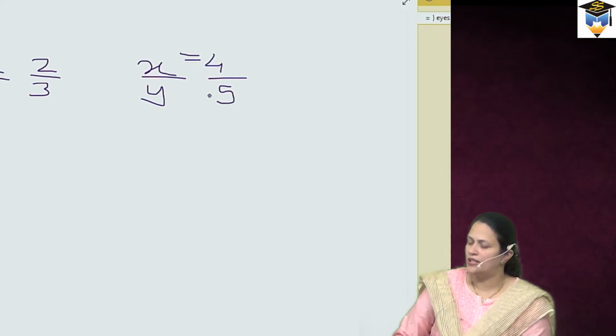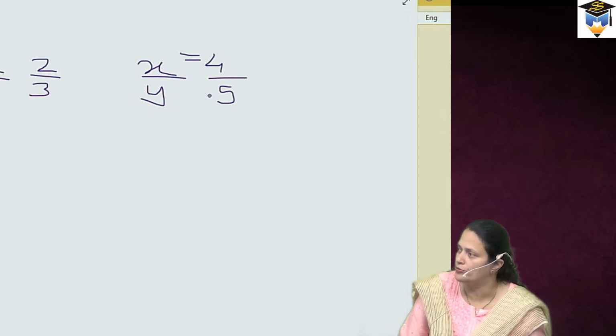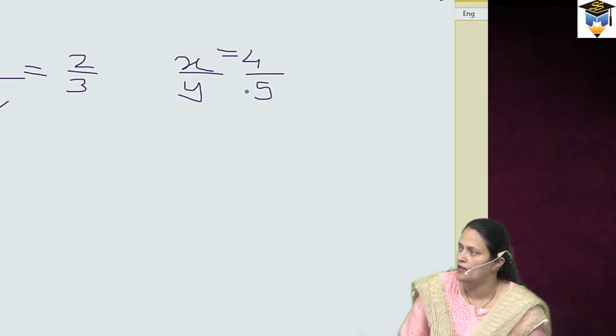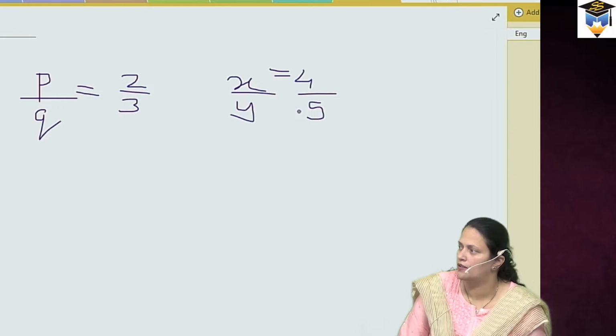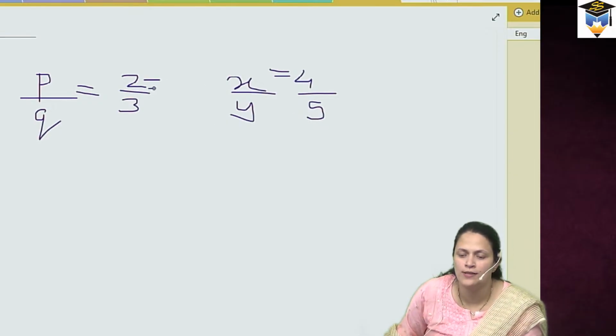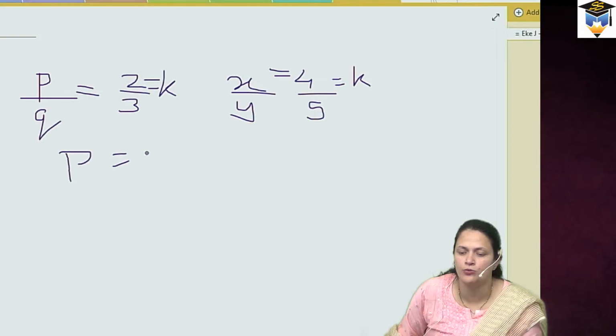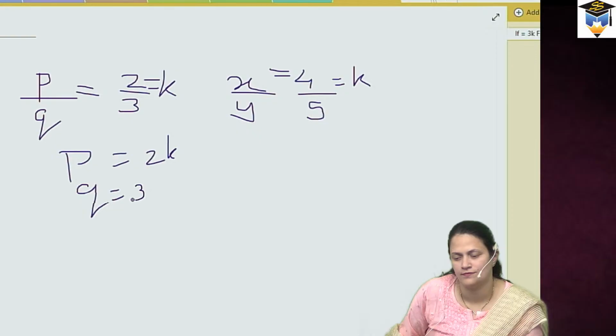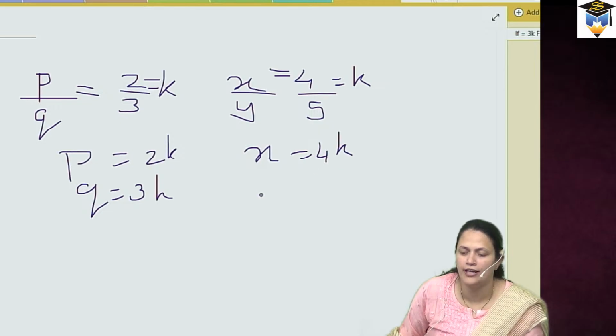Now in both these cases we are going to equate it to some constant k. So the value of P is going to be 2k, Q is going to be 3k, similarly X is going to be 4k and Y is going to be 5k.